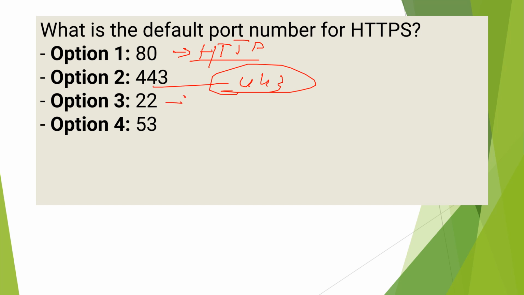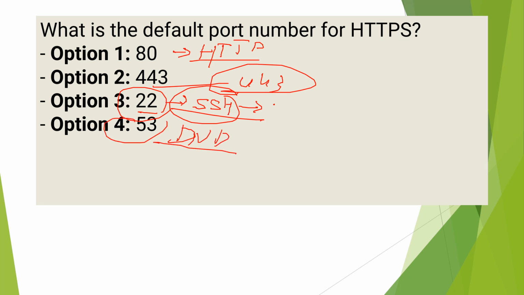Port 22 is SSH, secure shell. If you are working in any IT company, you have worked on multiple devices that use port 22 to connect. Port 53 is DNS, the domain name server.